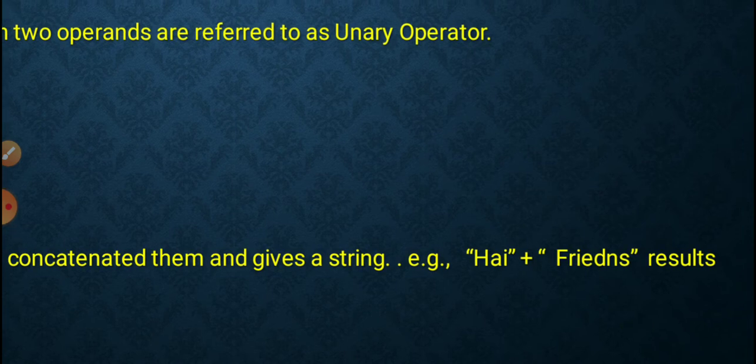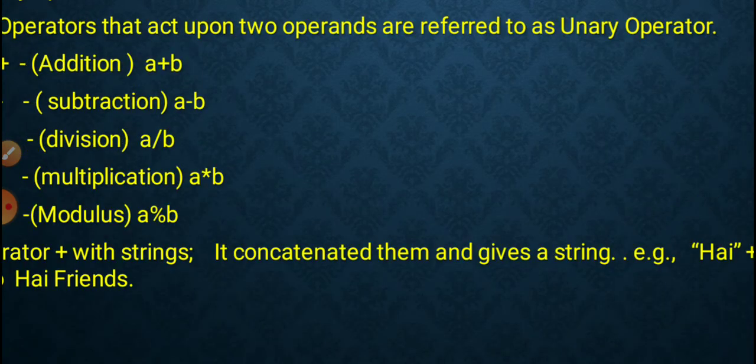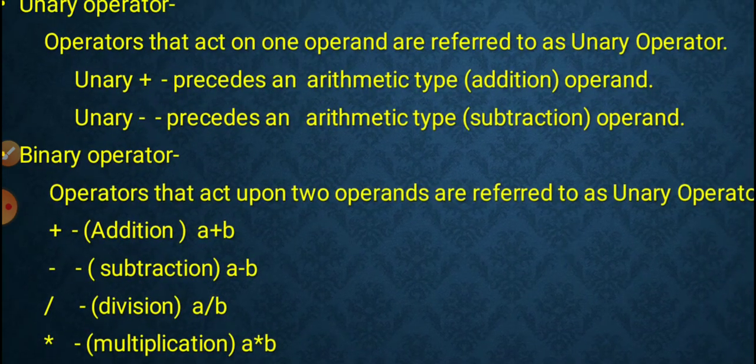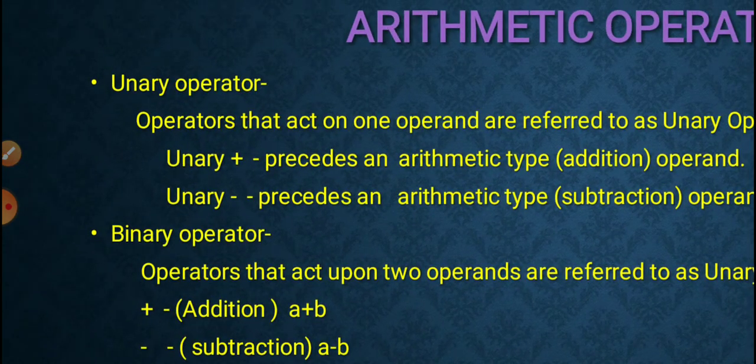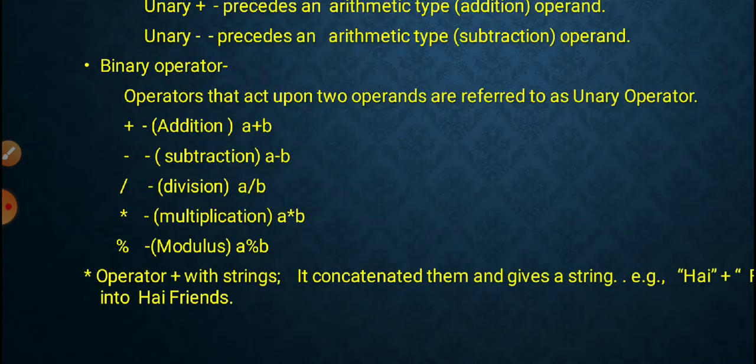So both words are concatenated, combined together with the help of the plus sign. So finally we will get the result as hi friends. So these are the examples for arithmetic operators: unary operator, binary operator, and plus with the strings.